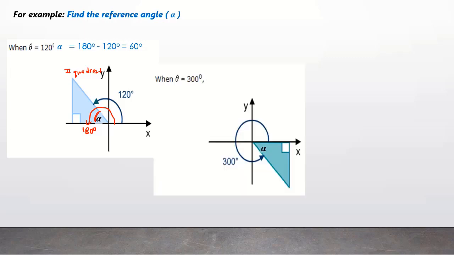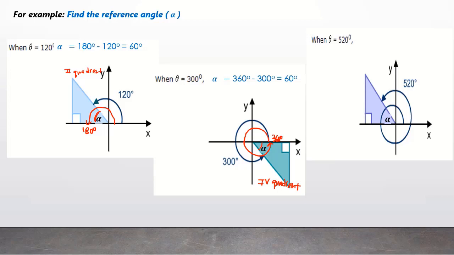For the second example, we have theta equal to 300 degrees, which is in the fourth quadrant here. To find the reference angle alpha, we may use the complete rotation 360 degrees minus 300 degrees, so you will have alpha of 60 degrees.